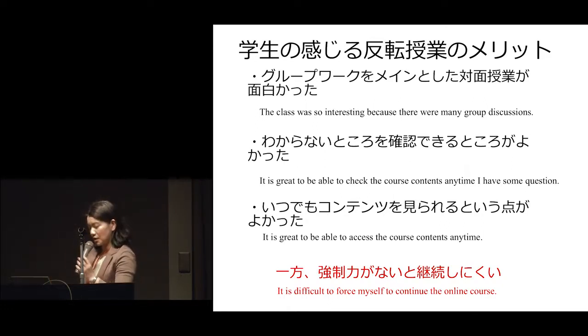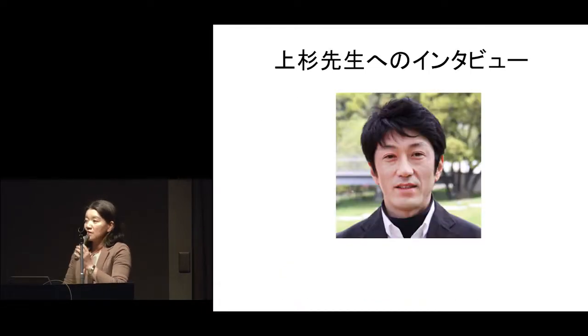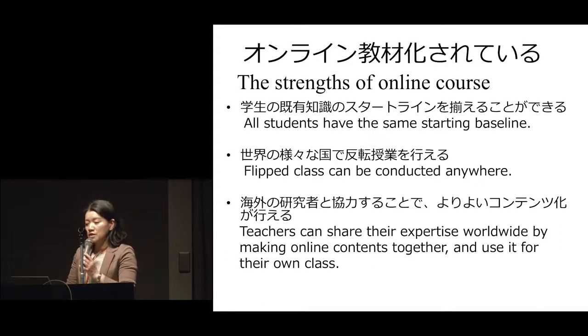And I interviewed Professor Uesugi several times, and Professor Uesugi spoke about the benefit of the MOOC, that it is online material. Professor Uesugi provides intensive courses in other universities in Asian countries, and can do the flipped class when the material is provided in the MOOC.